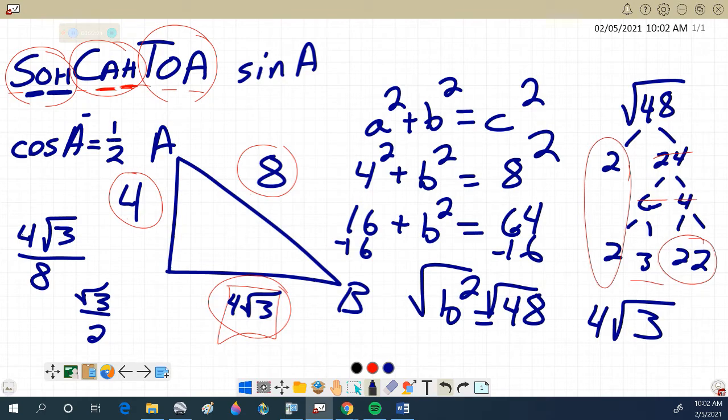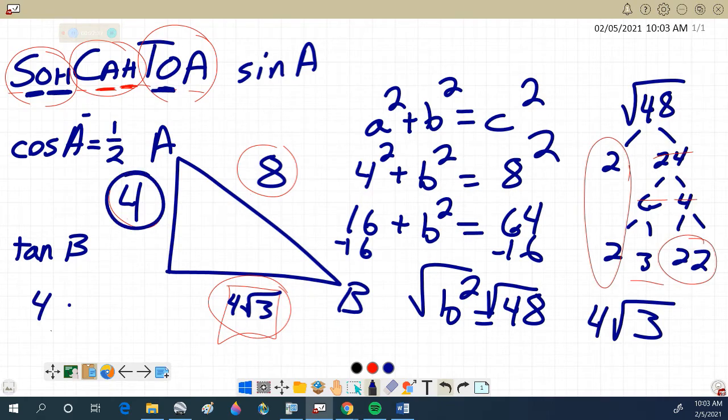Okay, last one. What about the tangent of B? So tangent is O, which would be 4, divided by A, which would be 4 over root 3. How do we fix that?